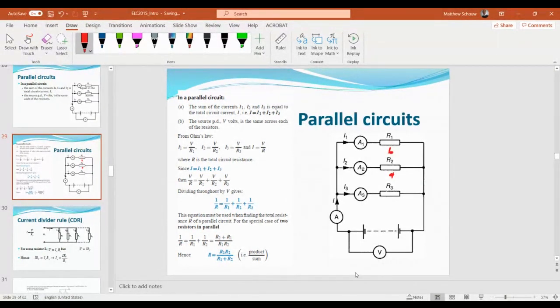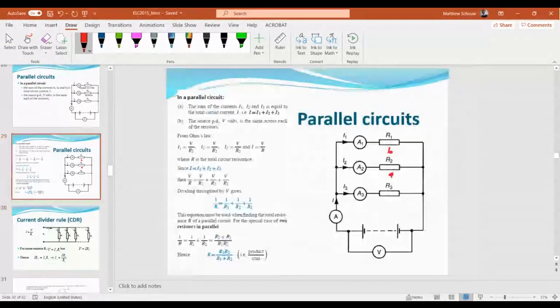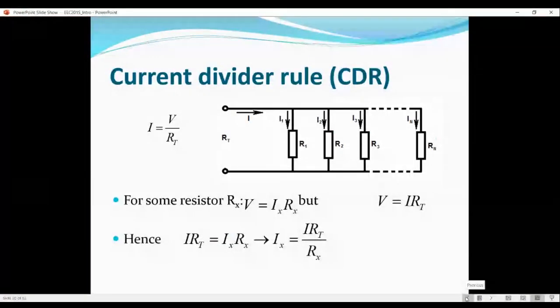Now, just like the voltage division rule, we have something called the current divider rule, right? Current division. How this works is, if we have the total current coming in, we can find the individual currents of the resistors, similar to the voltage divider rule where we find the voltage in a series.